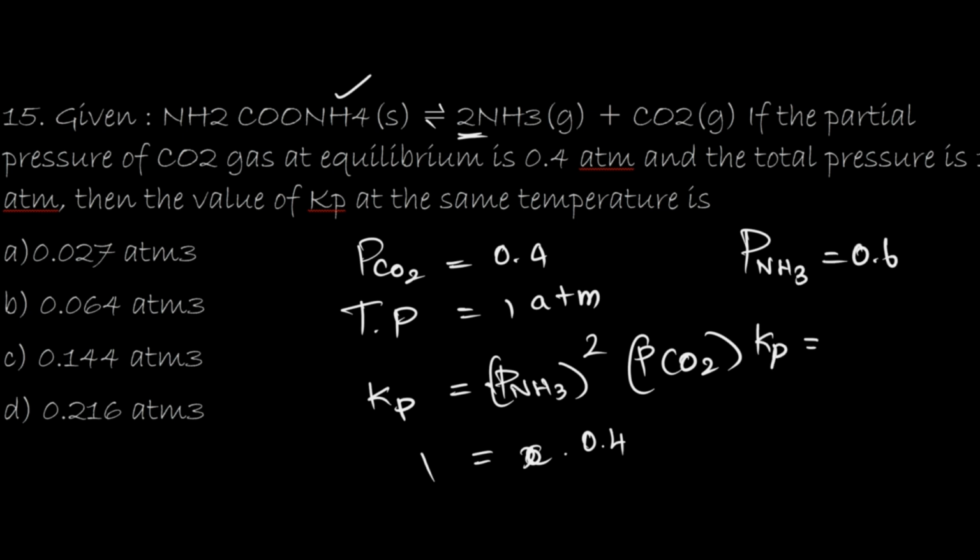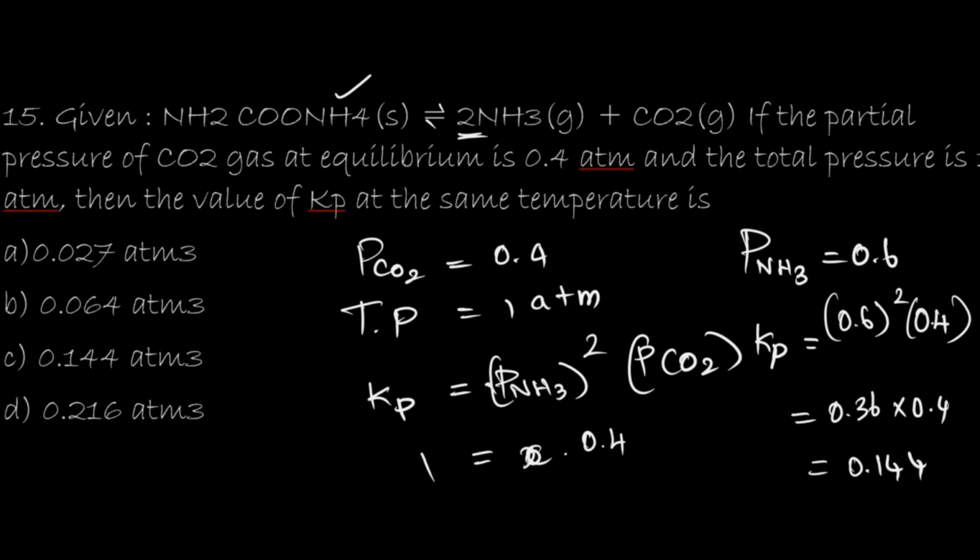So finding the Kp value, that is 0.6 squared, and then comes 0.4. The reactant solid will not affect it, so it becomes 0.36 times 0.4, that is 0.144 atm cubed. So that is the answer to this question.